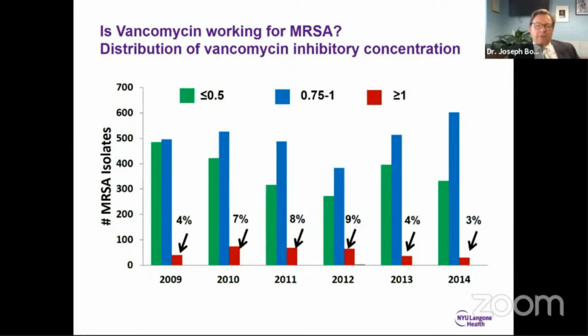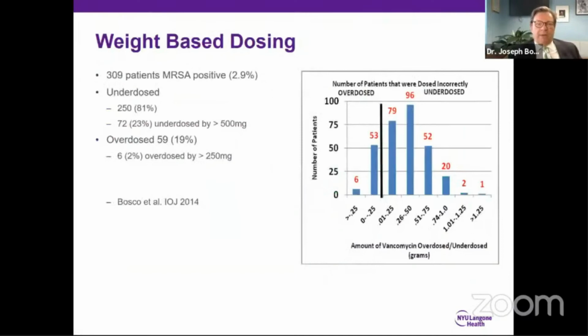So how about vancomycin? What we found is that, again, MRSA is actively getting more and more resistant, evolving, right? So we're finding that the minimal inhibitory concentration of vancomycin for MRSA is increasing. So if we give everyone 1 gram of vancomycin like we used to, it's not enough for a lot of people, and it has to do with weight-based dosing, right?